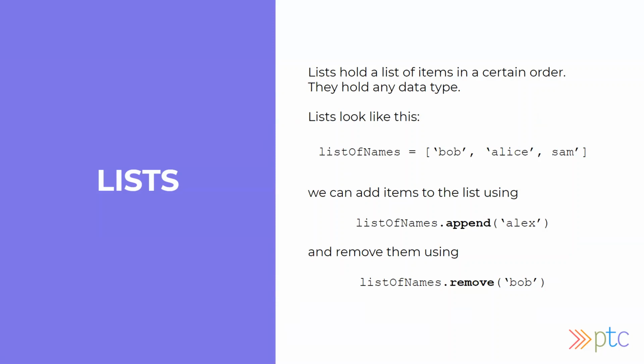Note that the list items do not have to be of the same type. It can be a mix of different types like integer and string. Once you have defined the list, you can change it by writing the name, dot append function will take the bracket and add to it. And if you want to remove something, you use the dot remove function.